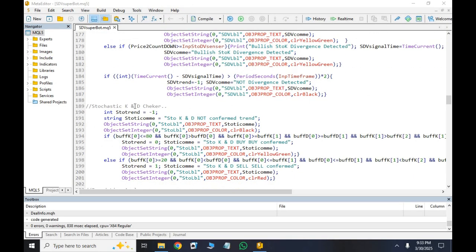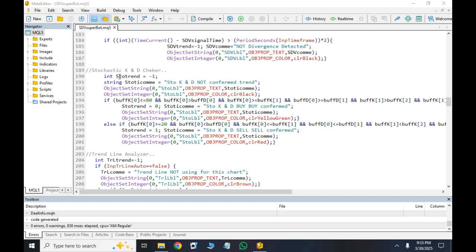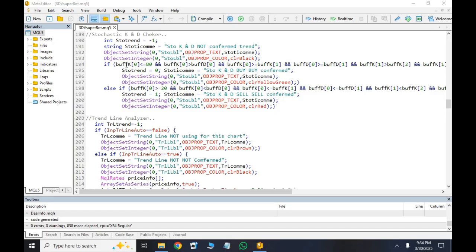Next we check the K and D checker. For that we use an int variable to show the trend and a string variable to show the comment for the label, and when K value is less than or equal to 80, we check that buffer K value is greater than buffer D value, and buffer K value is greater than previous candle K value, and D value is greater than previous candle D value.